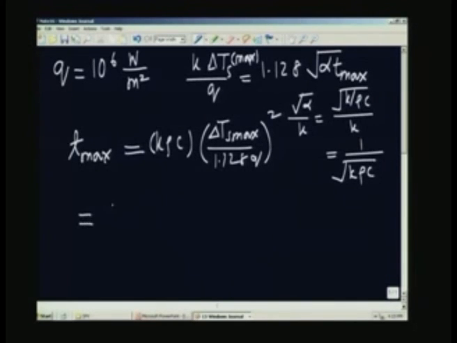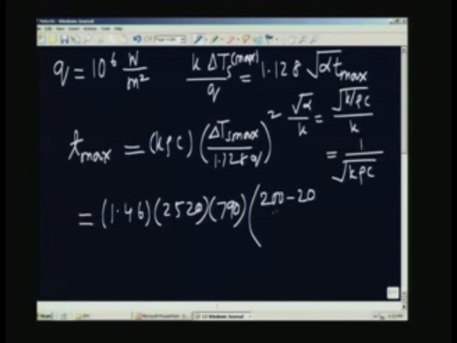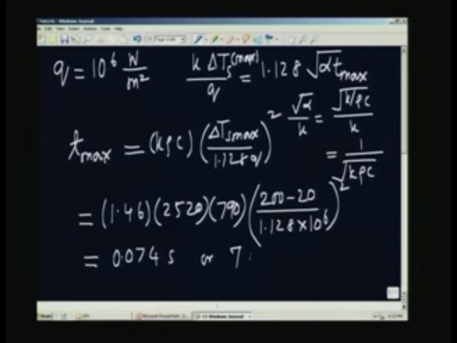I will just substitute K is 1.46 for the MACOR, rho is 2520 and C is 790, multiplied by delta T max, which is 200 minus 20, divided by 1.128 into 10 to the power 6, whole squared, and this t max comes to about 0.074 seconds or about 7 milliseconds.